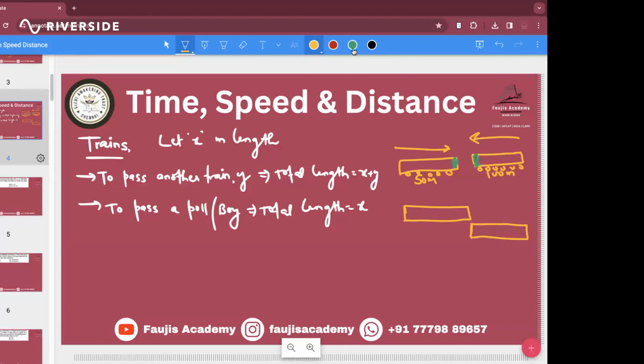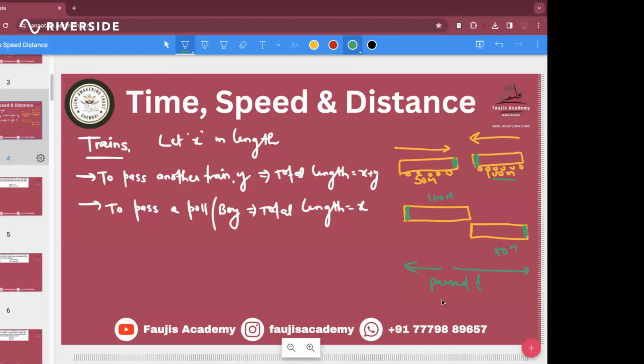Let me turn it green. Now this 100-meter train is here and the 50-meter train is here. So where will the front be? Front will be here, this side. Harishri, James, all of you getting it? Unless it is in this orientation, we cannot say that these two trains have passed each other.